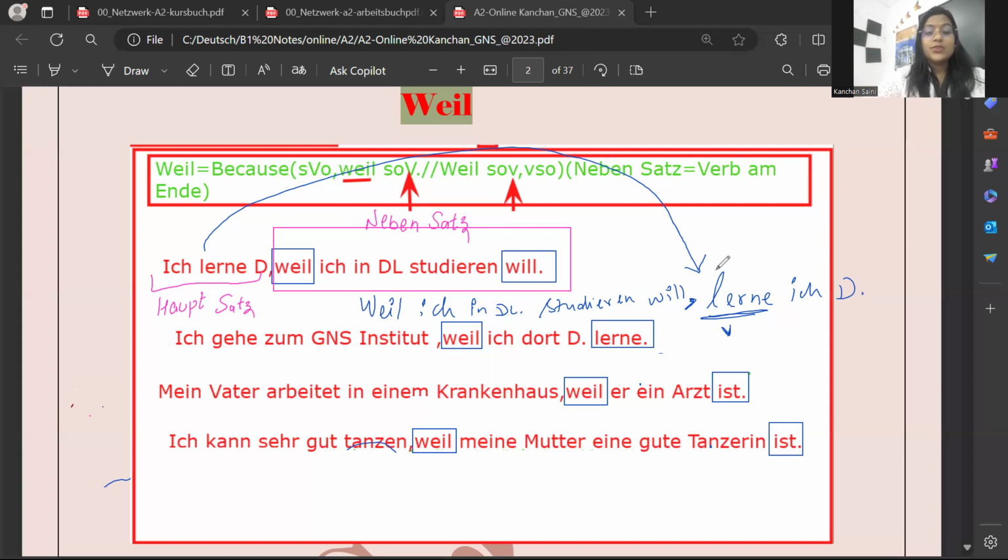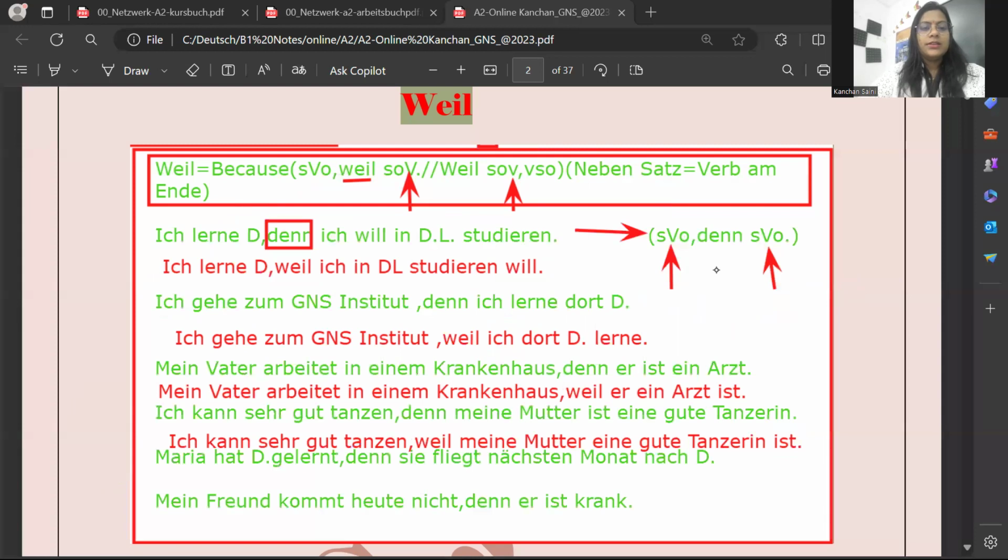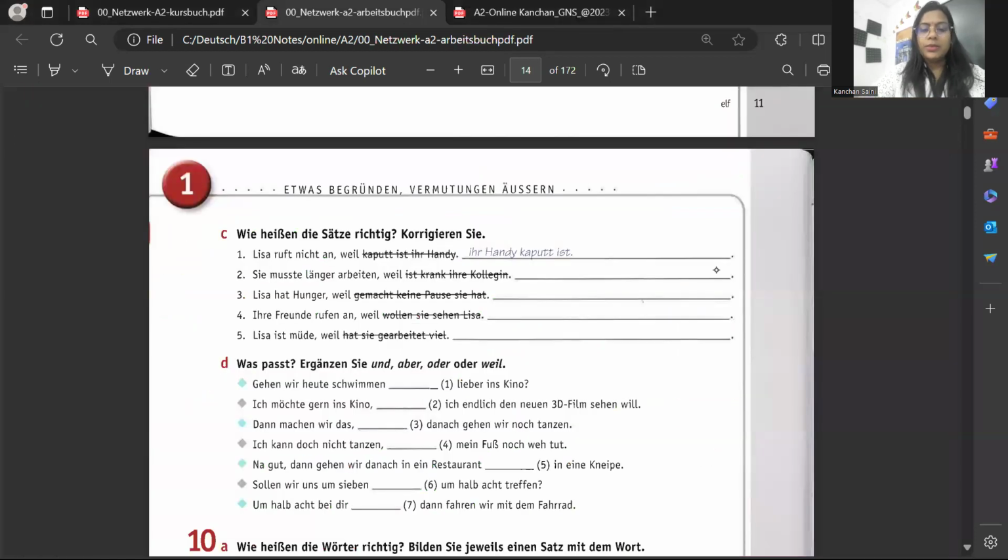So let's come to the course book. There we will do some practice, yeah? Das ist das Arbeitsbuch, Seite Nummer 12. Aufgabe 9c und d müssen Sie jetzt machen. In exercise C, you have some sentences given here.